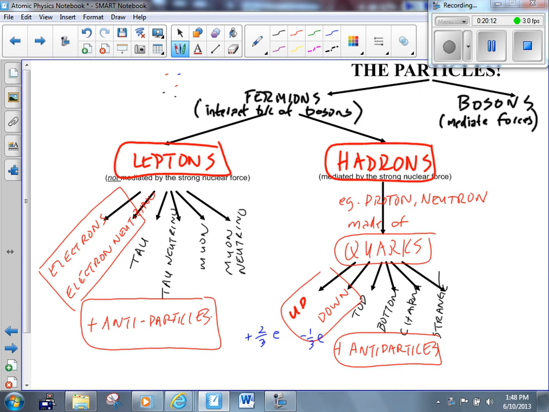But again, those charges are on your data sheet. You don't need to memorize those. So far, so good? A lot of stuff on that page, but there's not a ton that we need to remember. We need to remember what's in red. The black stuff is perspective.